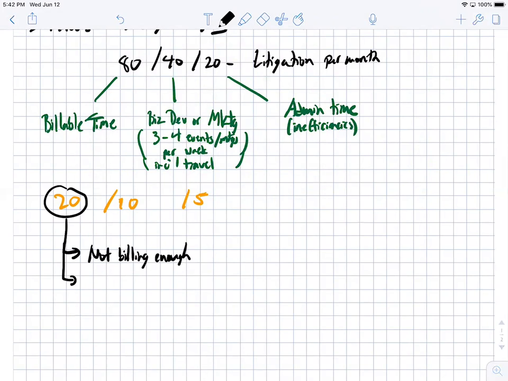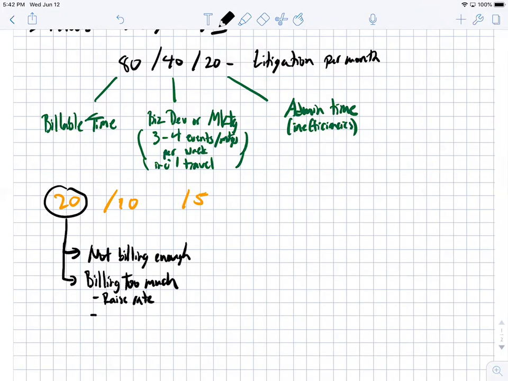Or the other thing that can happen is billing too much. If they're billing too much, it's time to hire somebody. The other thing they can do if they don't want to hire somebody is raise their rate. So raise rate.